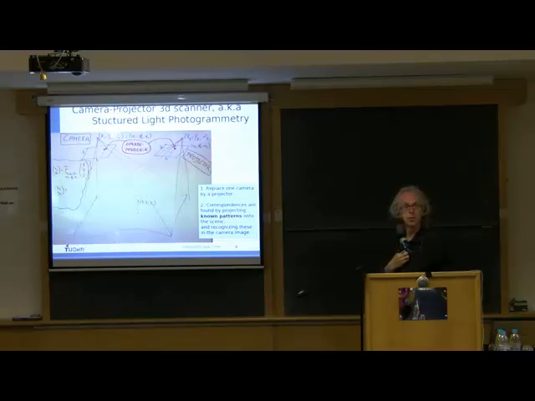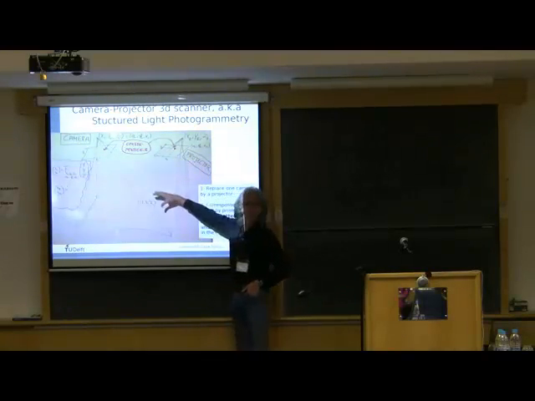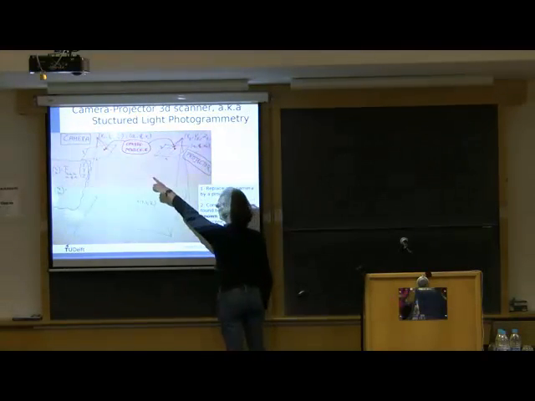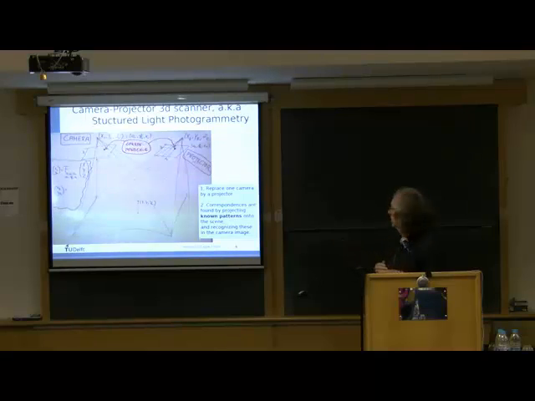Yeah, then the correspondence problem becomes much easier because this projector starts to project known things on this landscape, and the camera records it, and what you have to do is find again those known things back in the camera image, and then you have a correspondence.